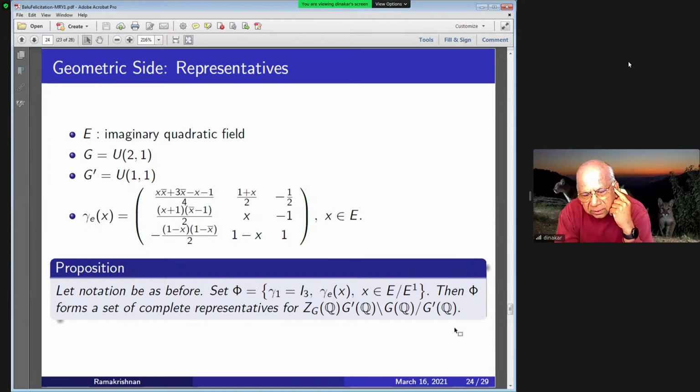They're either the identity coset or this gamma E of X, which is like this. These are elliptic elements, where X is in the imaginary quadratic field modulo elements of norm 1. They form a complete set of representatives for this double coset space.